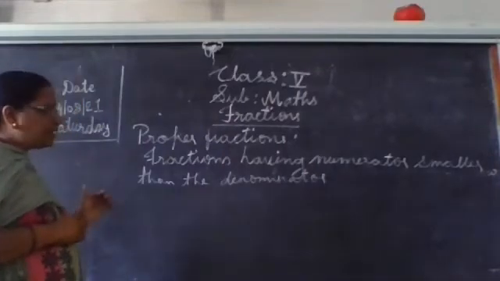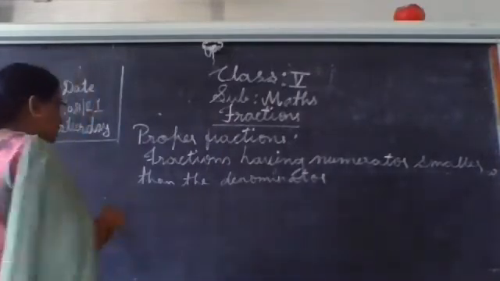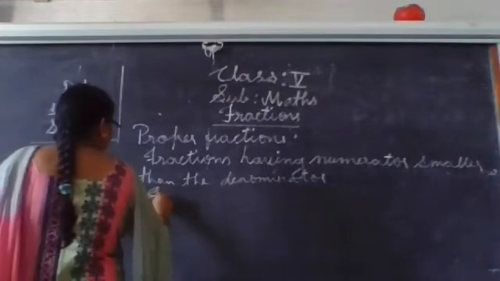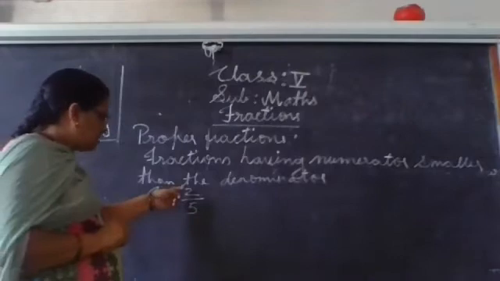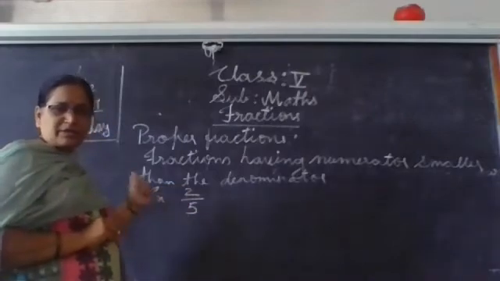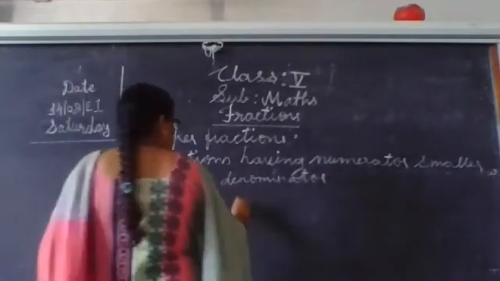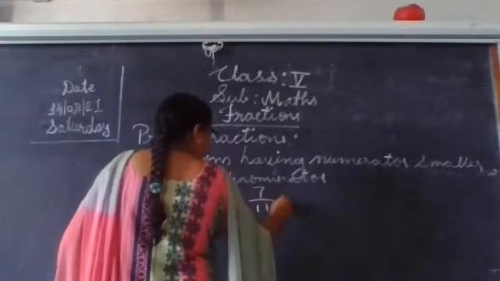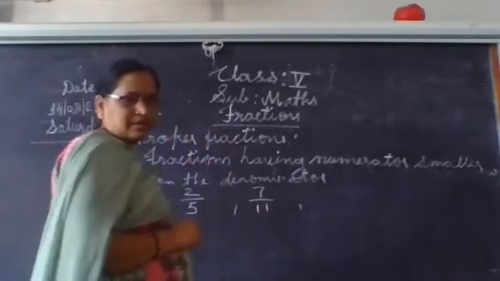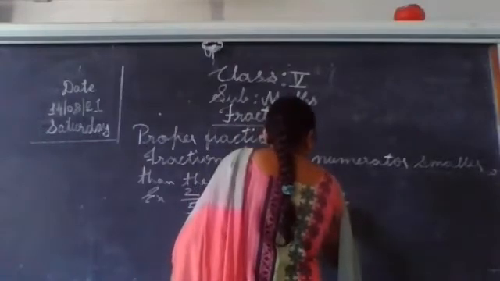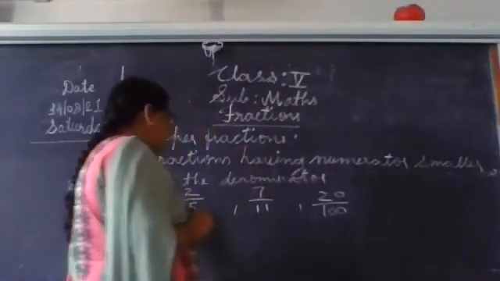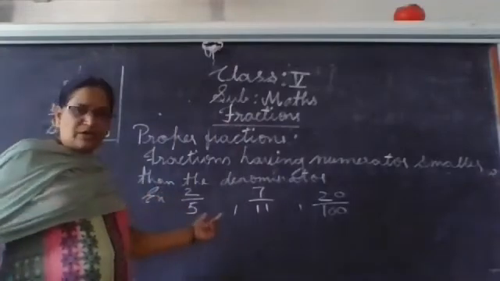Means numerator is smaller than denominator. For example, 2/5. See, numerator is smaller than denominator. 7/11. 20/100. So in all the cases, numerator is smaller than denominator.